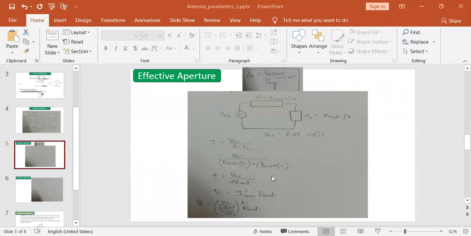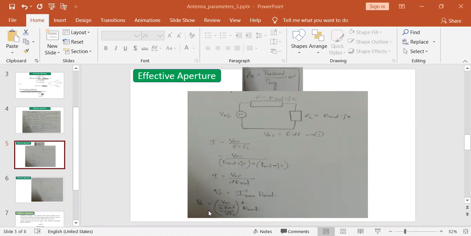So from this, we can calculate I. I is equal to V OC by 2 into R rad. We know that P received is equal to I square into radiation resistance.